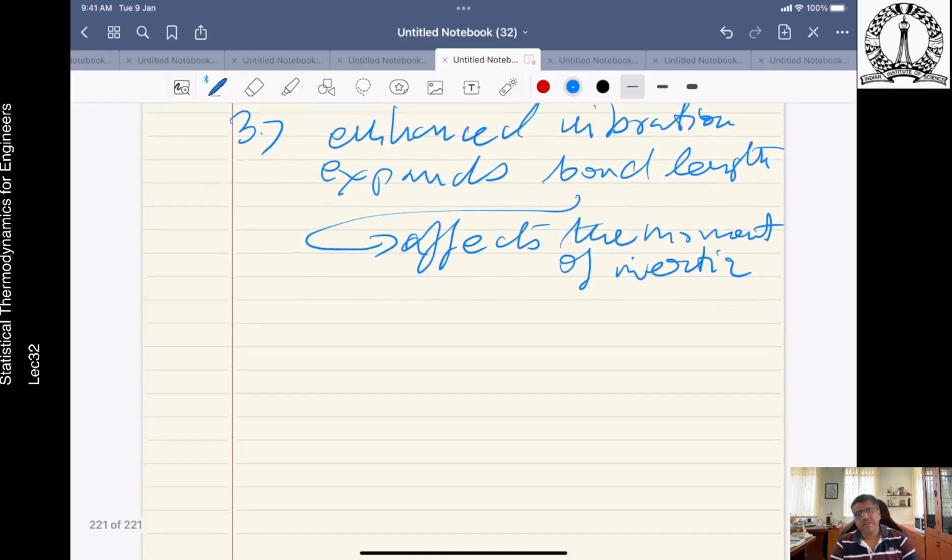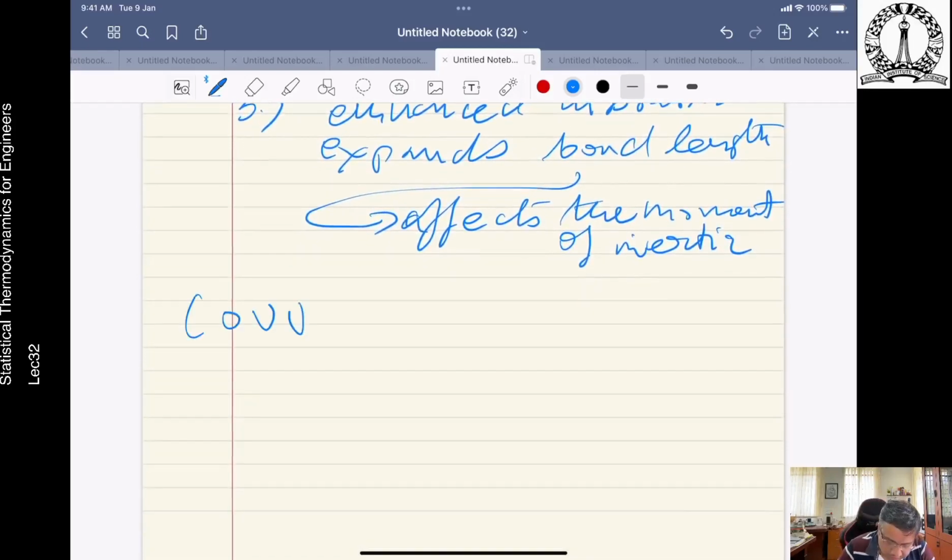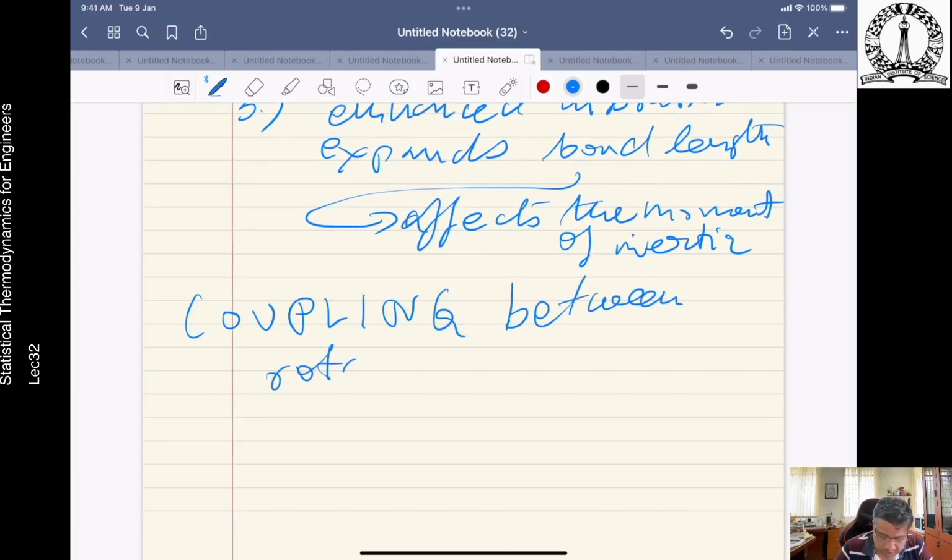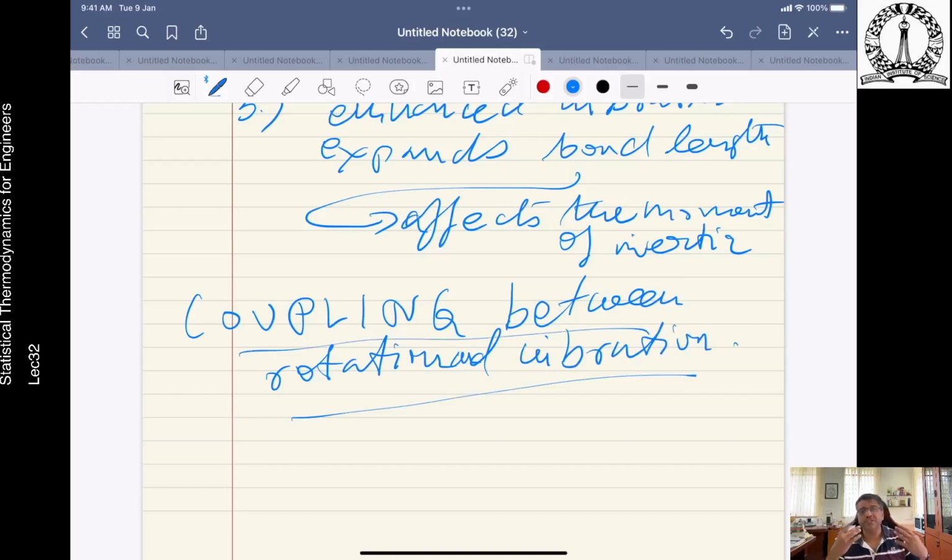So there is coupling between rotation and vibration, which is what we need to address. There's inevitable coupling between rotation and vibration, which is exactly what we need to clarify in the next lecture. Thank you.